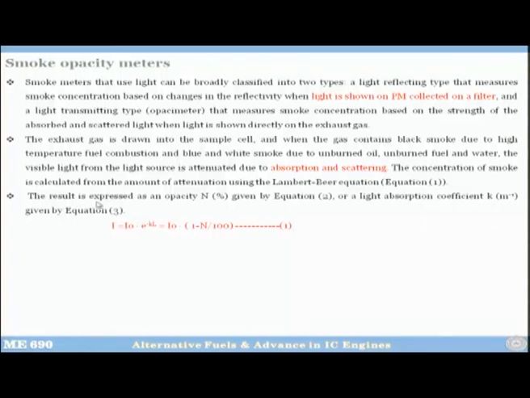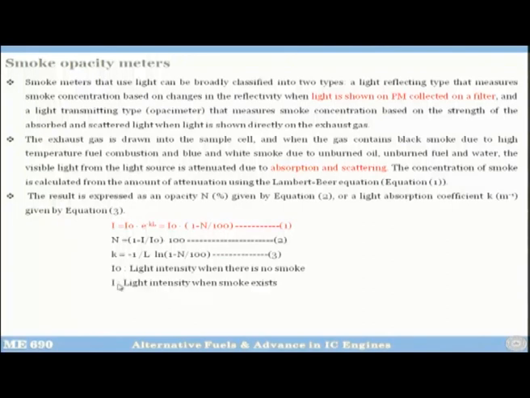Here you see the results are expressed as opacity, which is given as a percentage by equation 2. This is equation 2. A light absorption coefficient K is given by equation 3. So, this is the intensity of light. Intensity of light when smoke exists is I, and I naught is the intensity of light when there is no smoke.